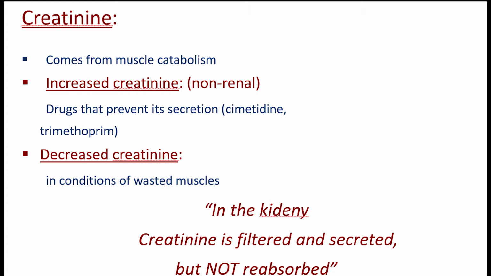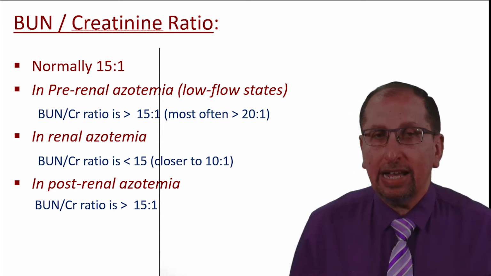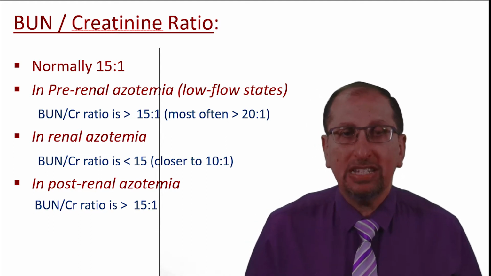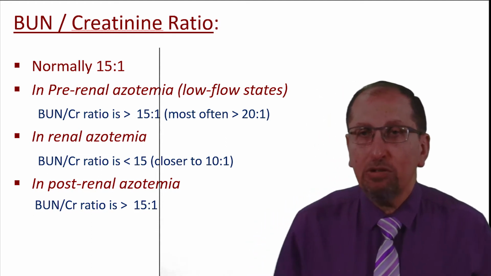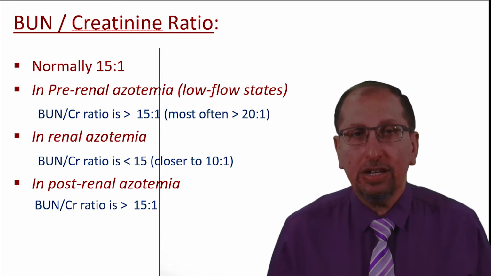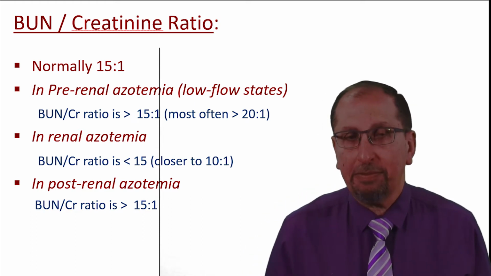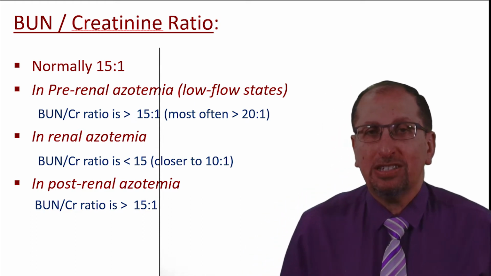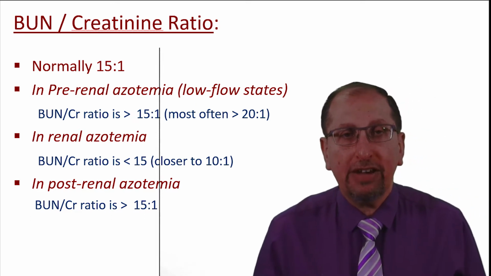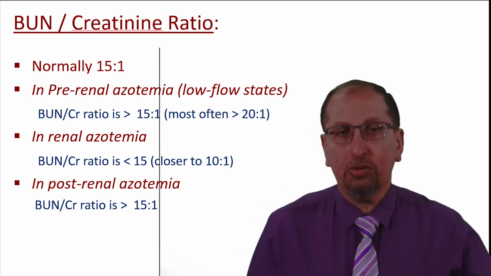Normally, the level of BUN is around 15 milligrams per deciliter, and the level of creatinine is around 1. So the normal BUN to creatinine ratio is 15 to 1. We make use of this ratio to differentiate between the three different categories of acute renal failure. In pre-renal azotemia, which is simply low flow states, hypotension, hypovolemia, the BUN to creatinine ratio is higher than normal, and most often even higher than 20 to 1.